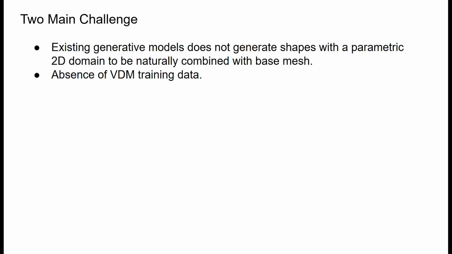The second challenge is the absence of training data. To our knowledge, there are no publicly available VDM datasets suitable for neural network training. We address this by building an interactive tool to segment interesting semantic and geometric regions from Objaverse 3D models. We analyze the segmented parts and remesh their geometry into single connected surfaces with disk topology.